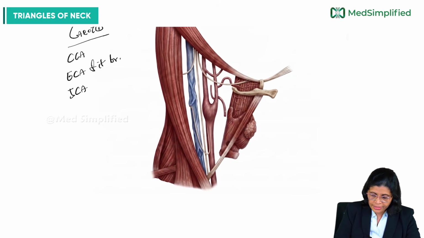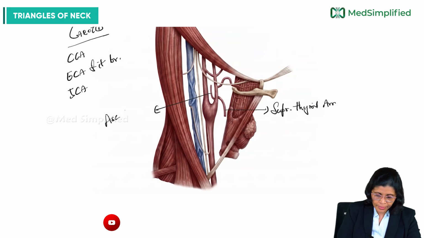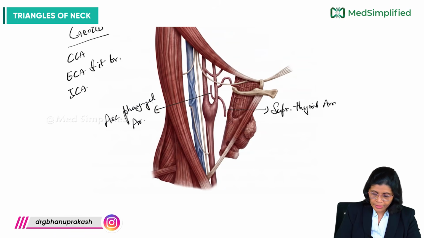So here we can see this is the superior thyroid artery. Then we have the ascending pharyngeal artery. Then we see the lingual artery.